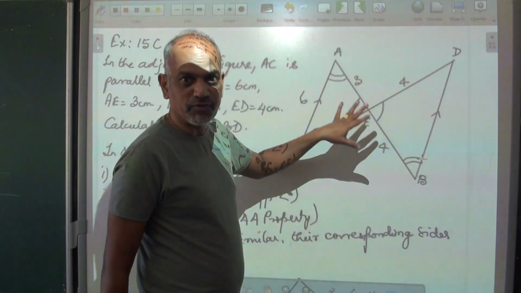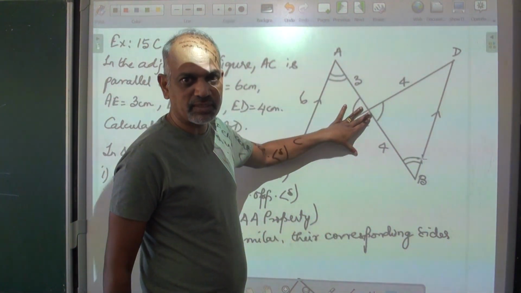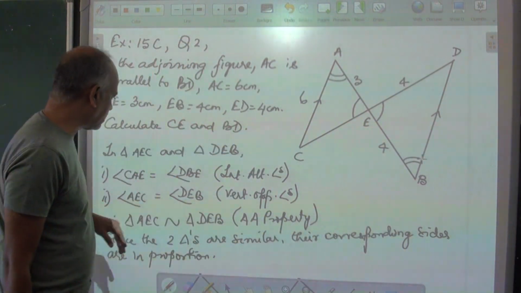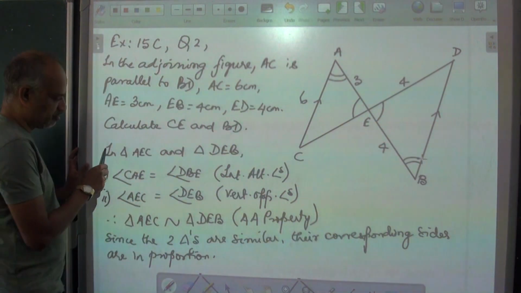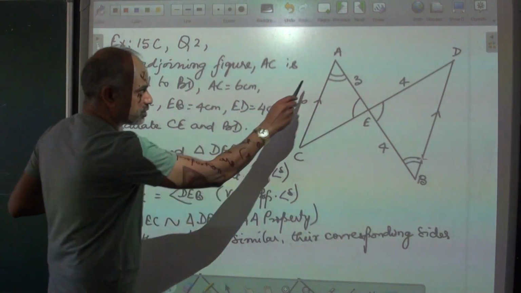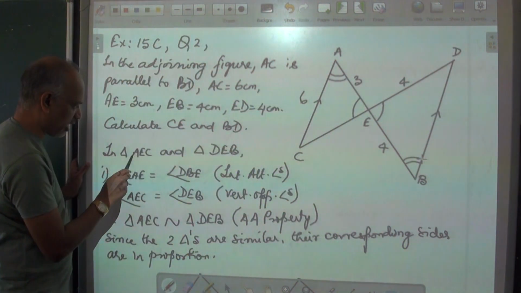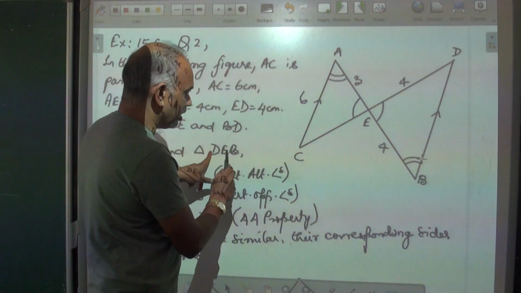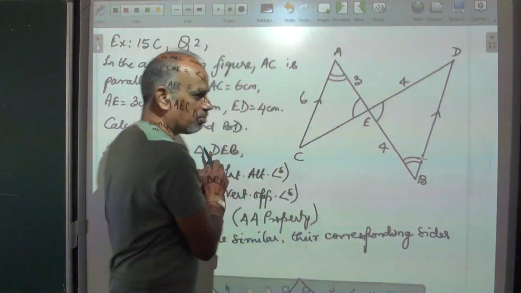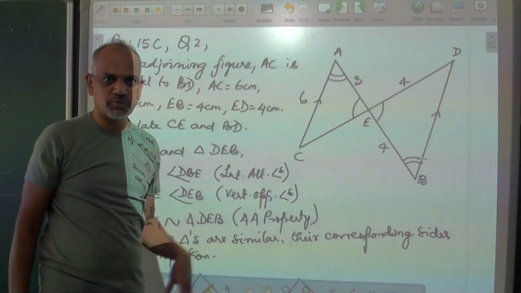But you have to first write the proof for similarity. These are the steps that you will write. First step: in triangle AEC and triangle DEB. You have to mention which two triangles you are proving to be similar.